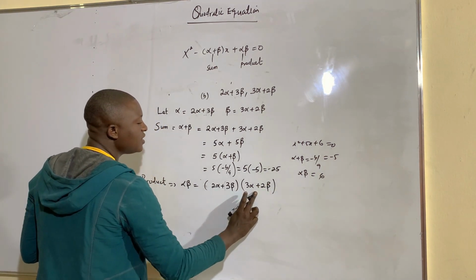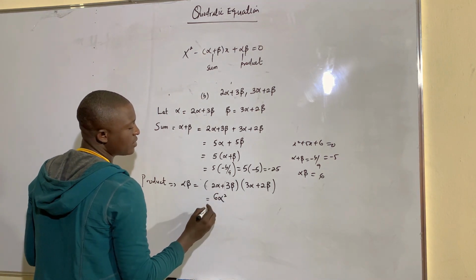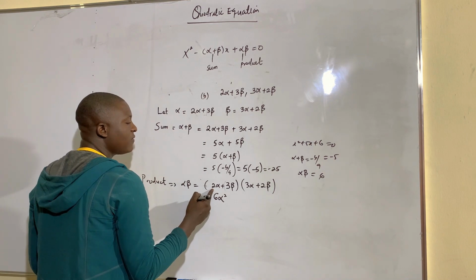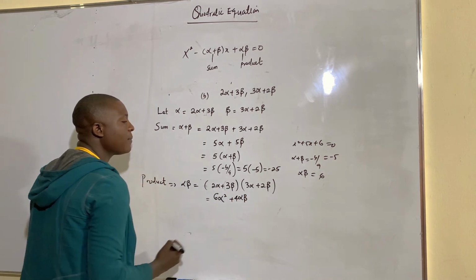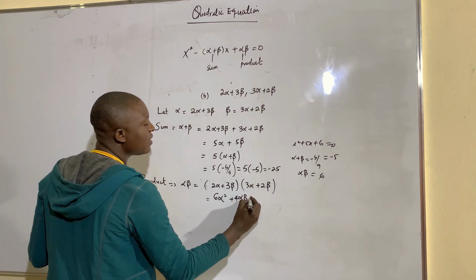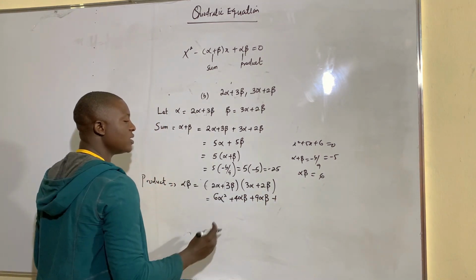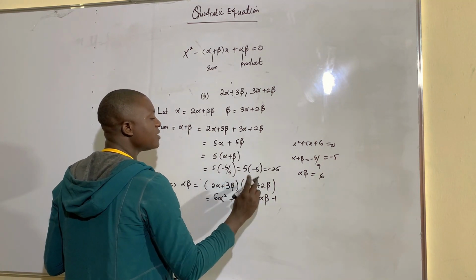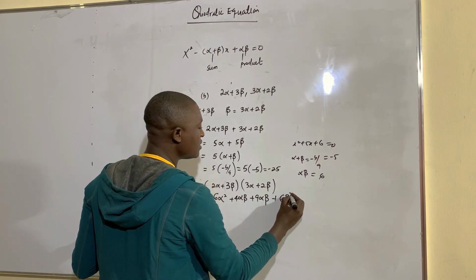2 alpha times 3 alpha, of course, you are going to have 6 alpha squared. We are expanding now. 2 alpha times 2 beta, and we have 4 alpha beta. 3 beta times 3 alpha, we are going to have 9 alpha beta. The last one, 3 beta times 2 beta, and we have 6 beta squared.